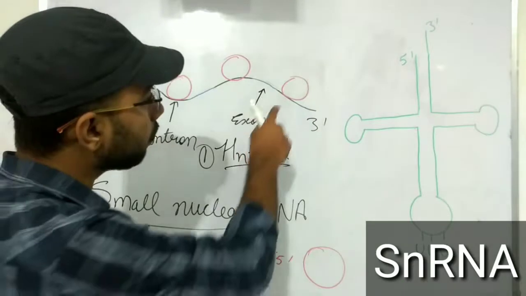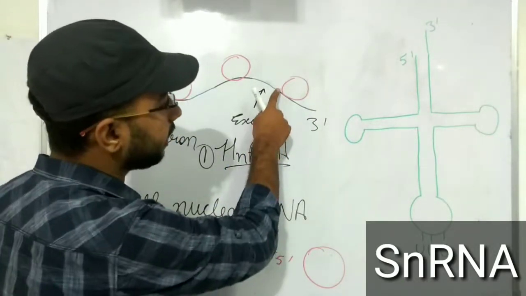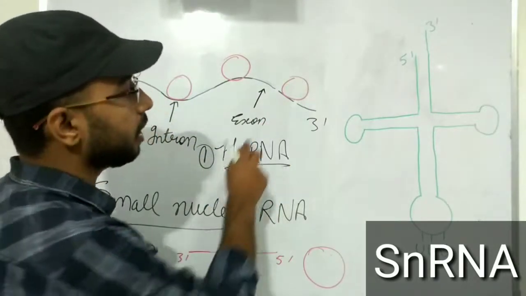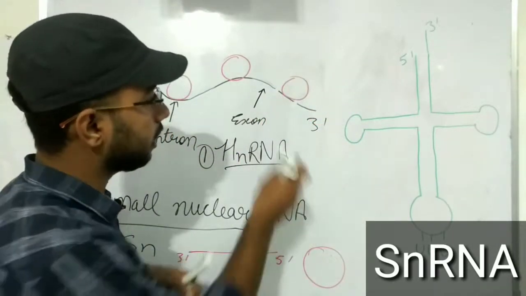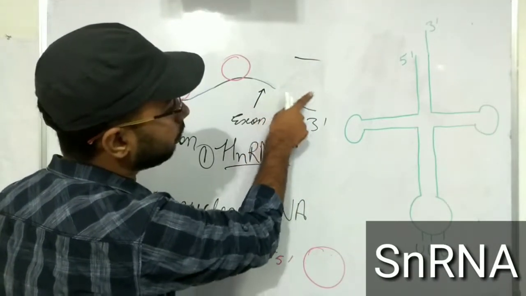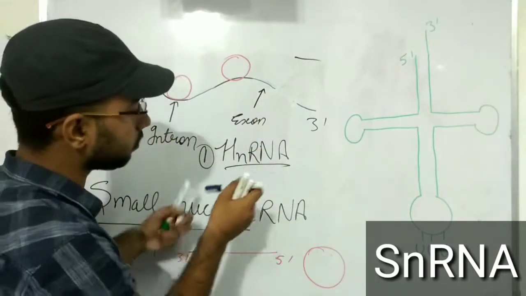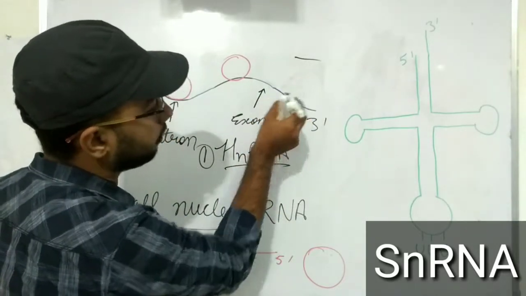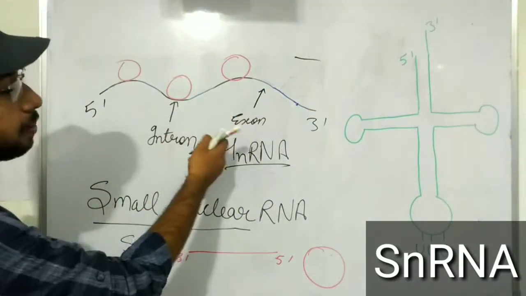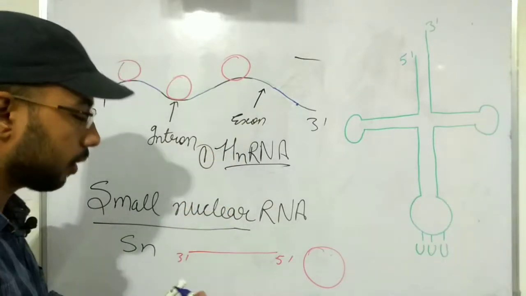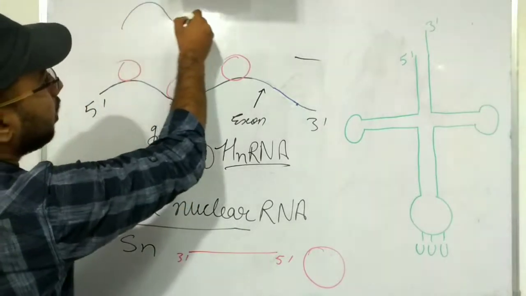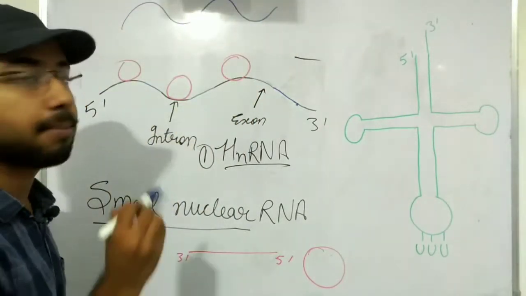When they bind to introns, they start cleaving the introns from the main strand of HnRNA and remove them. After removal, they join the exon parts. All the intron parts are removed and the exon parts remain. And finally what we got? Finally we got a mature mRNA.